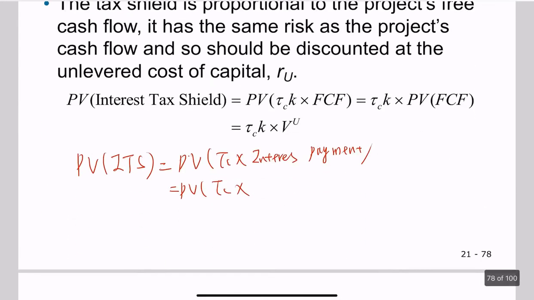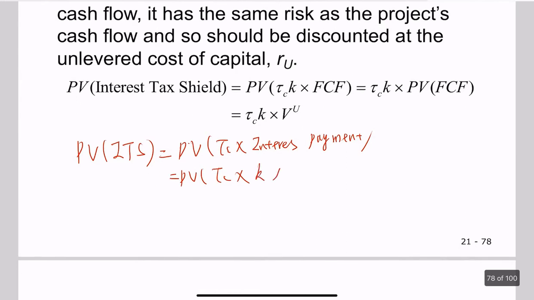So it's K times free cash flow. And now you can see that if we further assume both K and the corporate tax rate are constant, then this equals tau C times K times the present value of the free cash flow, right?